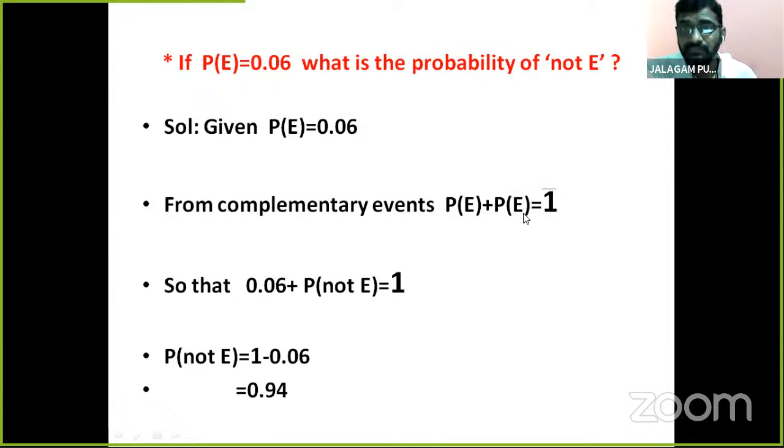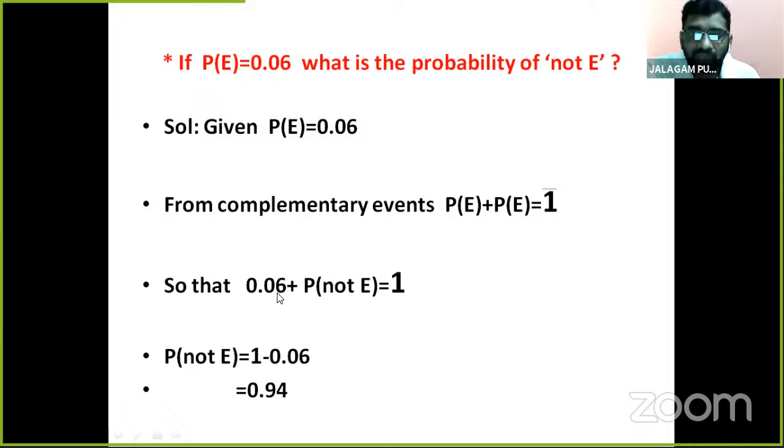So here, children, from complementary events, P of E plus P of not E is equal to 1. Write down, children: P of E plus P of not E is equal to 1. So we need P of not E. Here P of E means 0.06.